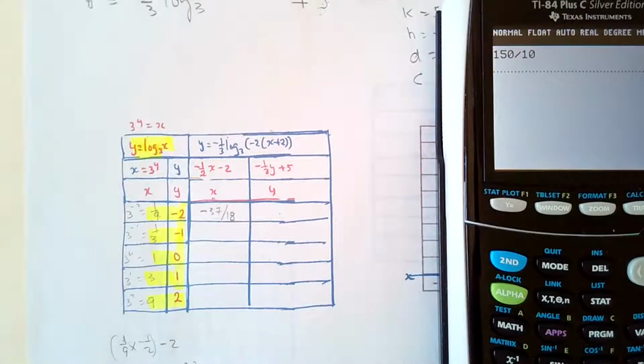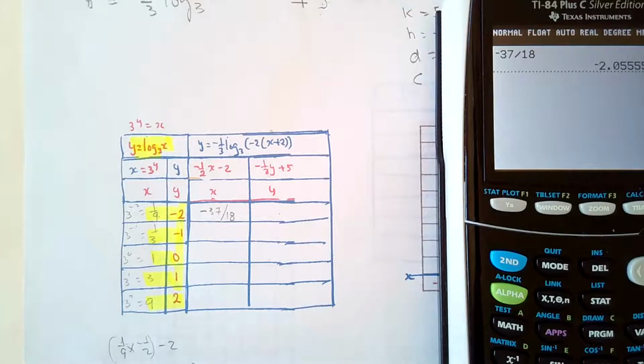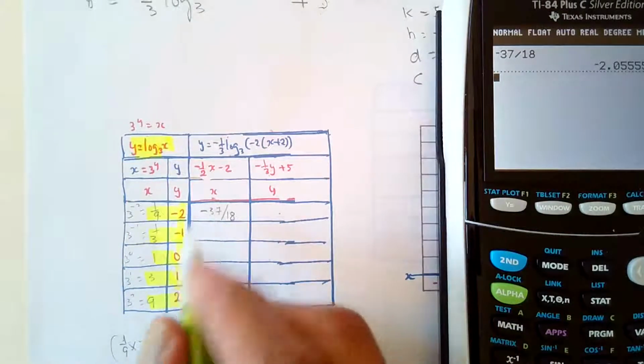So negative 37 divided by 18. That'll give me roughly negative 2.05.